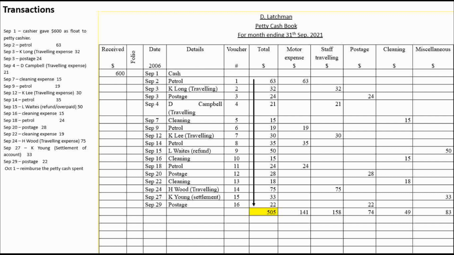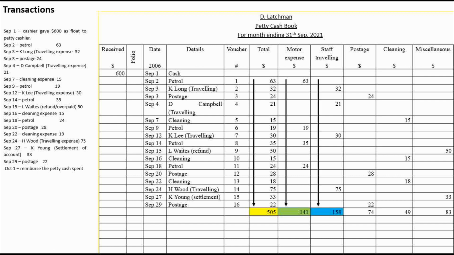Then we're going to add up all the different columns with the different expenses, all the money that was spent on motor, staff traveling, postage, cleaning, and miscellaneous. We have to add up all of those to see how the money was spent throughout the month. So we add up the total motor expense, we end up with $141.